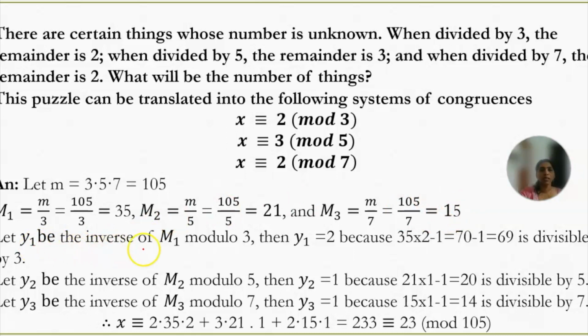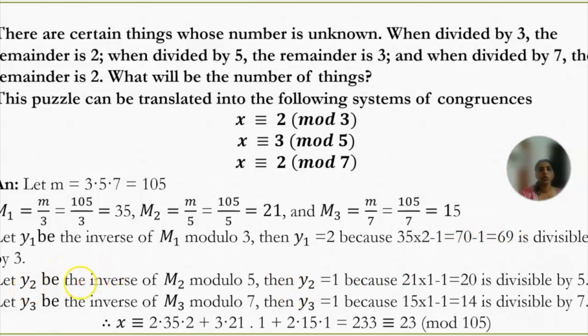Then Y1 be the inverse of capital M1 modulo 3. It exists because M1, which is 35, and 3 are relatively prime. And the inverse Y1 is equal to 2 because 35 into 2 minus 1 is equal to 70 minus 1 equal to 69, which is divisible by 3.